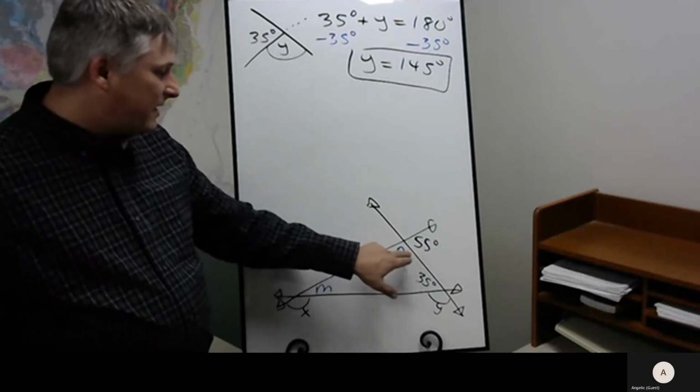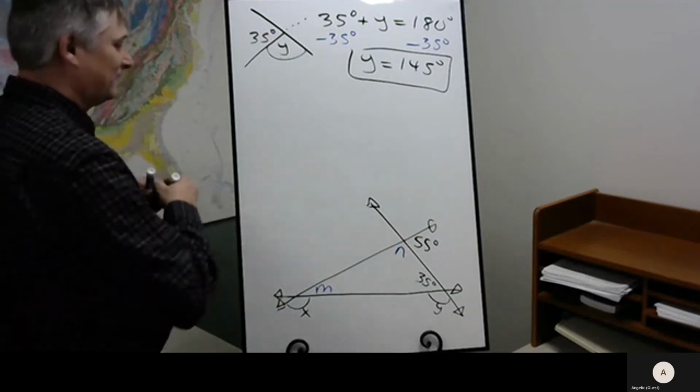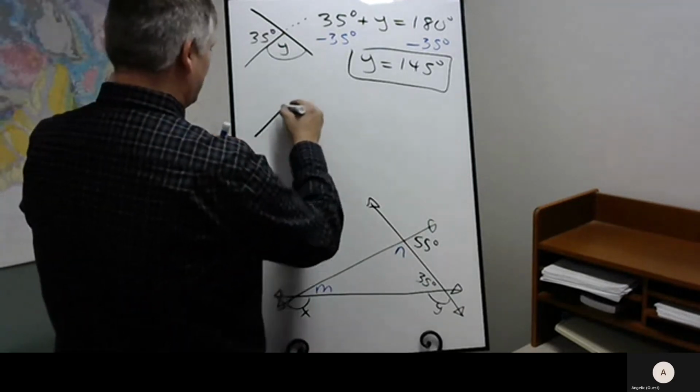So let's say we have 55 plus n. This is a straight angle. It's got to be 180. So we've got this little piece.